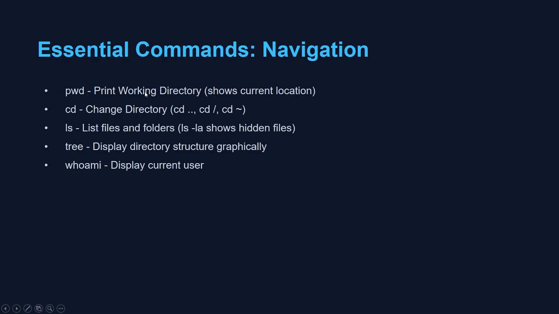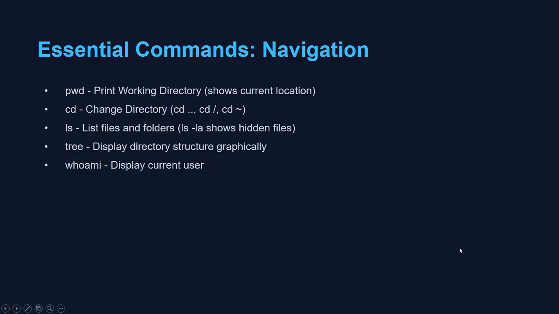And cd will change your directory. Let's say you want to move from one directory to another, or one folder to another, you can use the command cd. ls will list files and folders, and ls -la shows hidden files. So ls is a command to list all the files and folders in your directory. Okay, tree displays directory structure graphically.